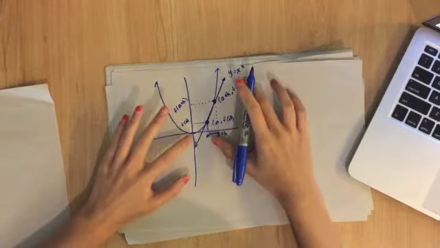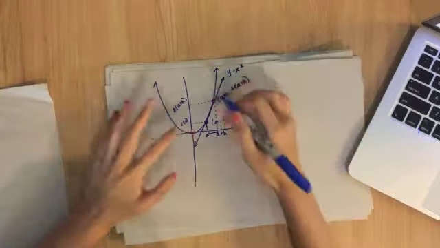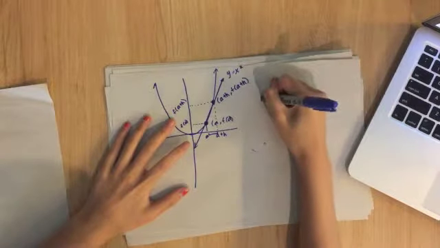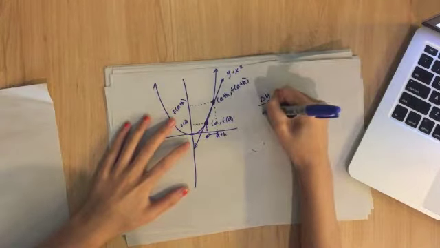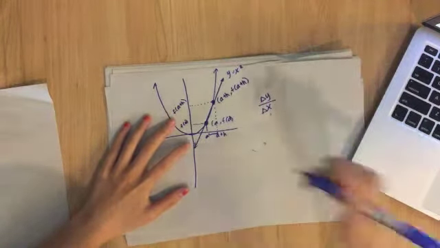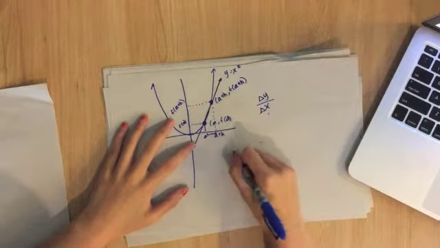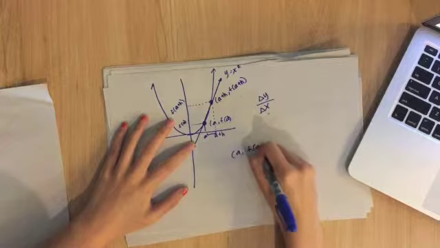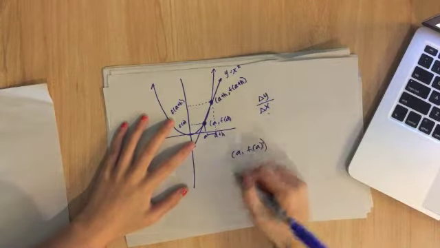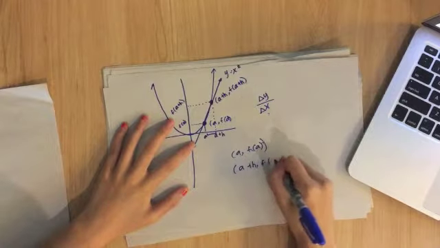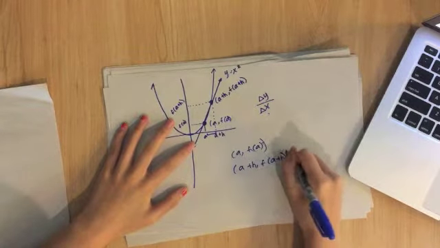So these 2 points. And how do we find the slope of this secant line? Well, you use the traditional change in y over the change in x. So here, let me just write it out so it's clear. Our first point is a, comma, f of a. Our second point is a plus h, comma, f of a plus h.